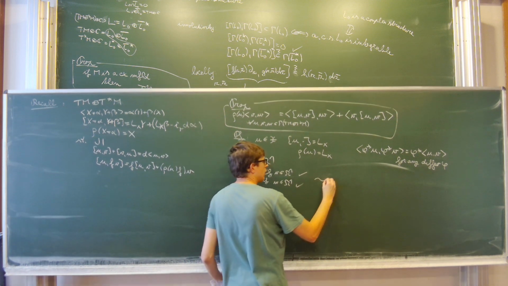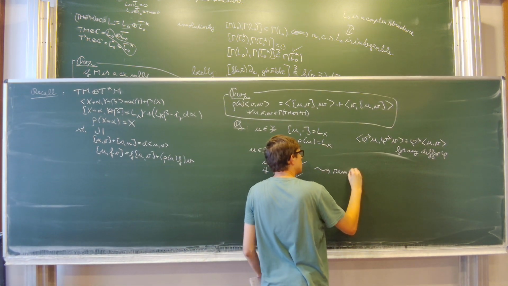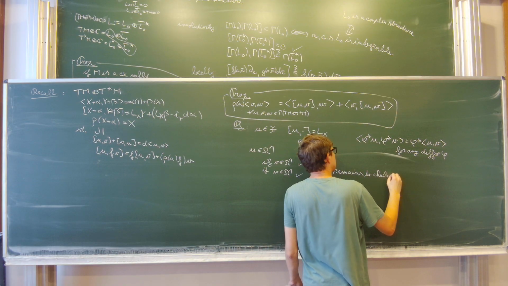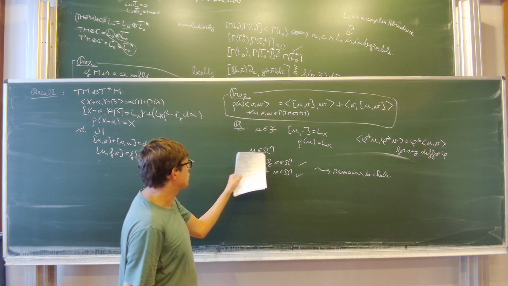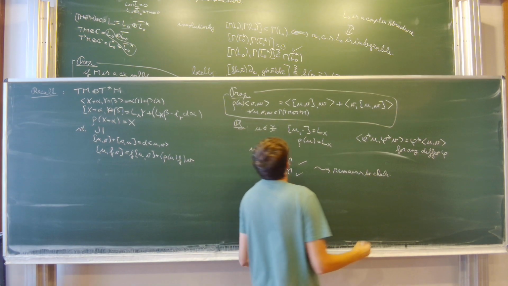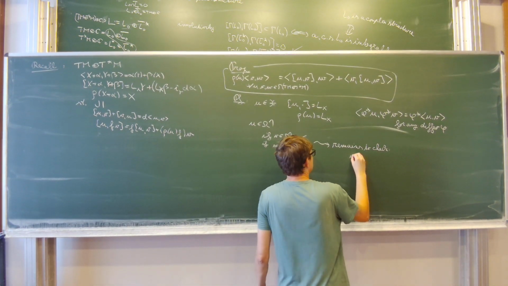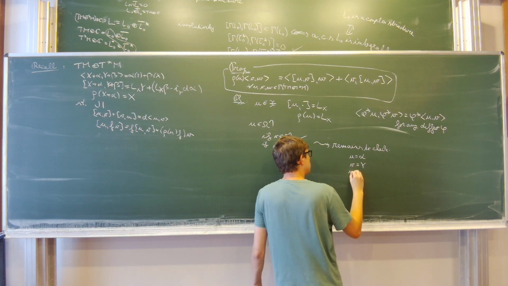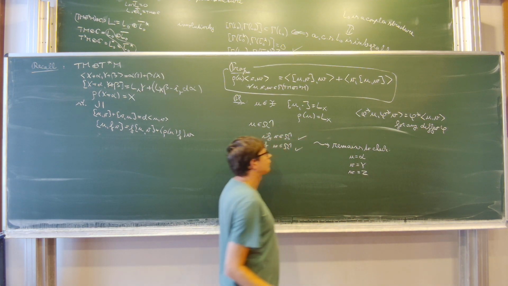So the only thing that remains to check is the case when U is a one form, V is a vector field, and W is a vector field.